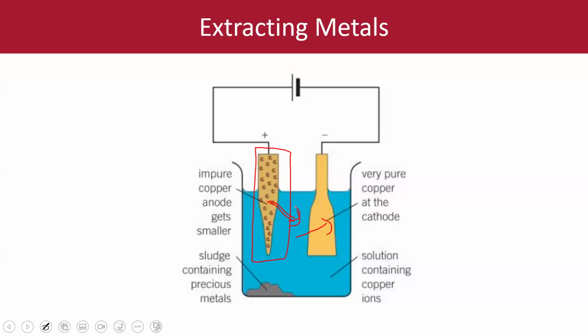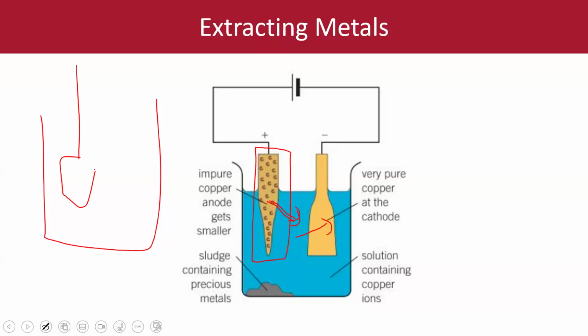That's also what they do with electroplating. Let's say you've got a silver ring, an electroplated silver ring. They will have a piece of silver in a liquid, and you have a ring hanging from another electrode. You've then got a silver compound.